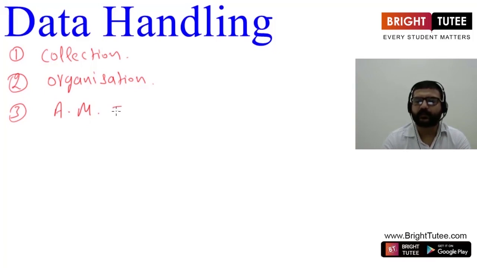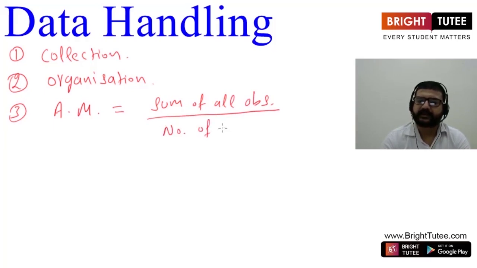Arithmetic mean was equal to the sum of all the observations divided by the number of observations. It was basically the ratio of the sum of observations and the number of observations.